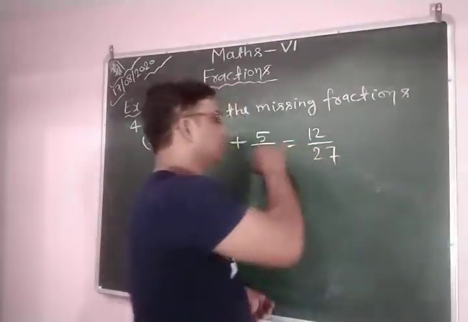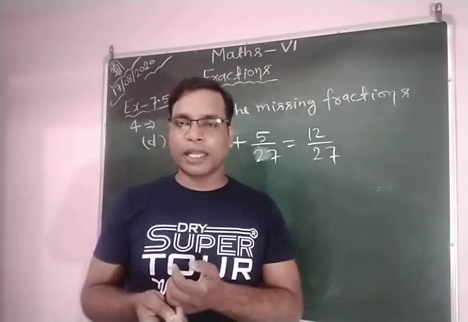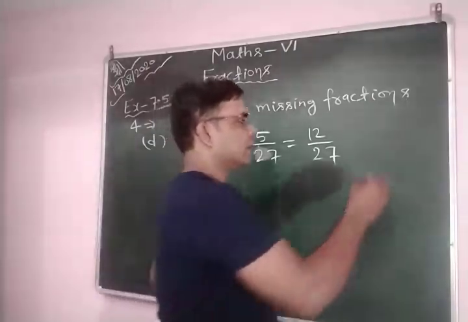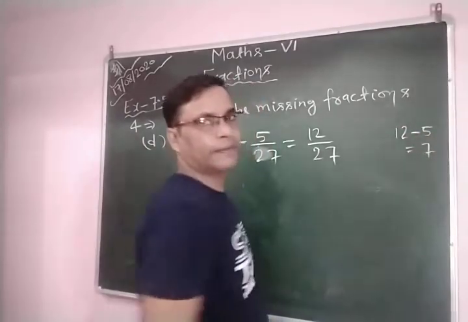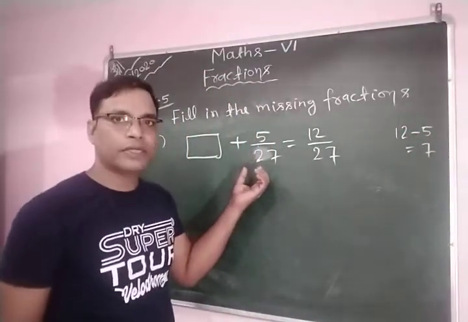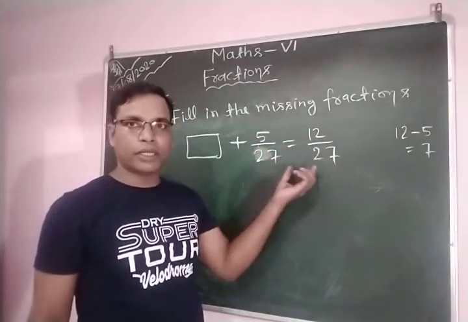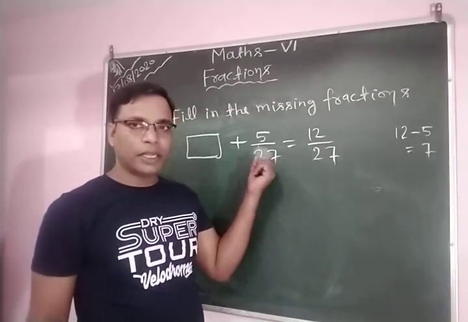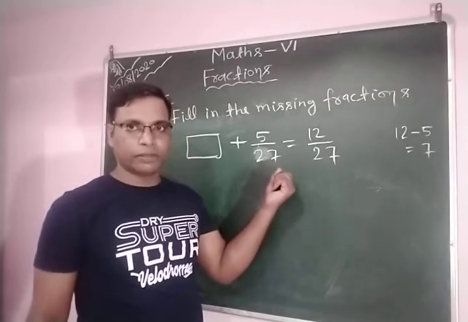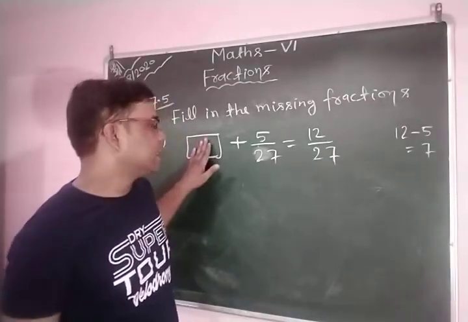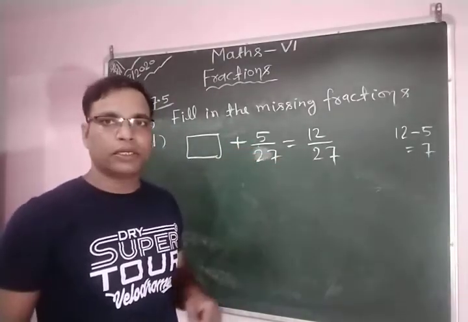Because for the number you add to 5 to get 12, you subtract 5 from 12. 12 minus 5 is equal to 7. Okay, so here you can see 5 by 27 and 12 by 27, both have like terms and the denominator is 27. So blank space plus 5 by 27 is equal to 12 by 27.